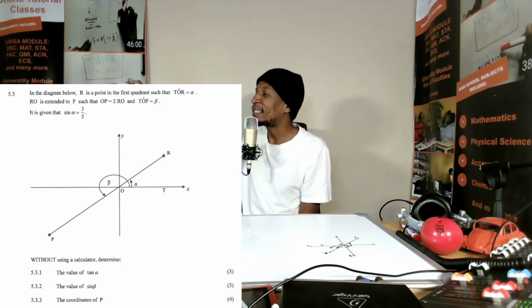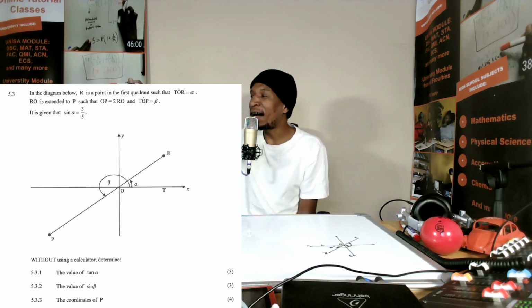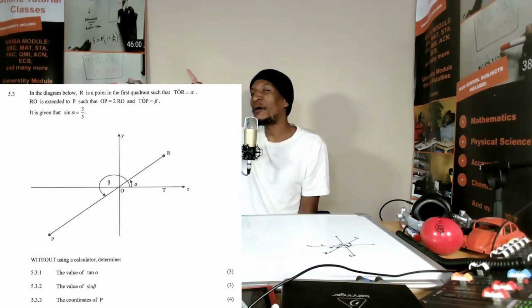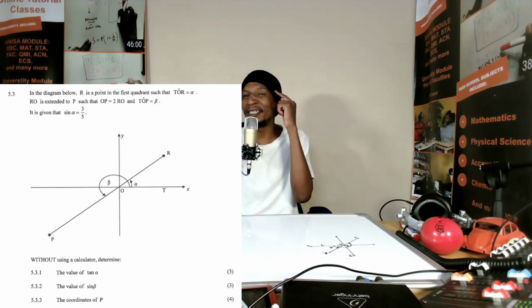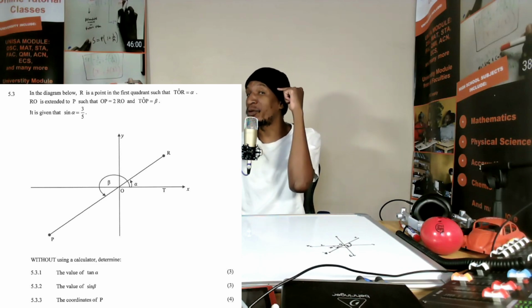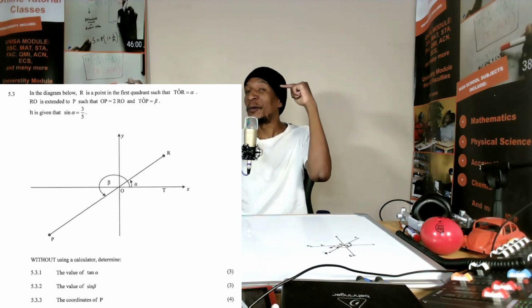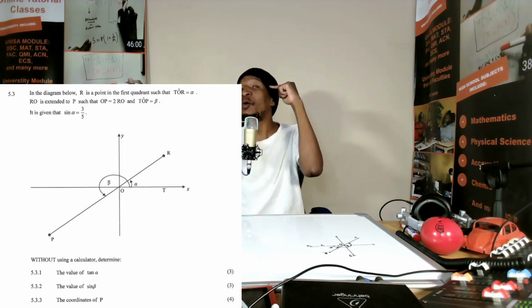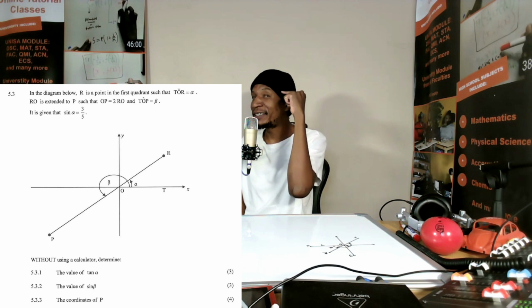Furthermore, it is given that sine alpha is equal to 3 over 5. Sine alpha is equal to 3 over 5. In your head, it should ring that sine is opposite over hypotenuse, whereby sine is y over r.